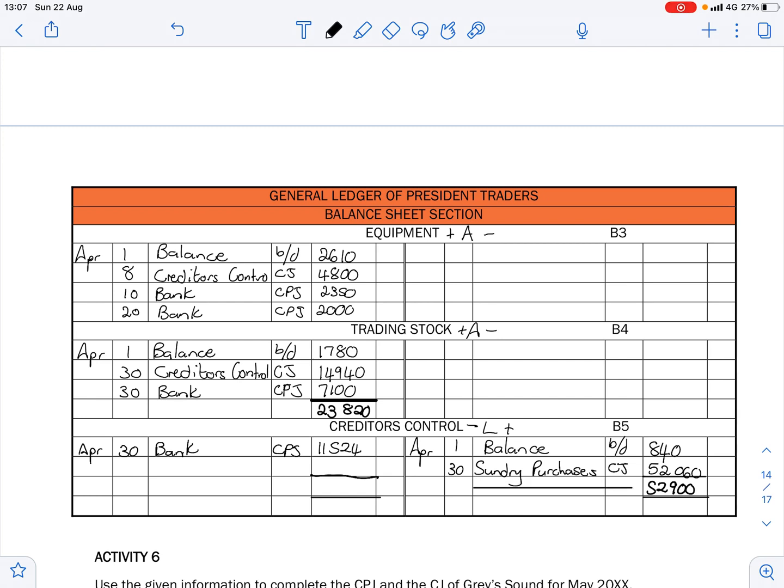To balance this account we drag that across to our debit side, 52,900, and we subtract what we've paid back to our creditors. So we subtract 11,524 Rand from that, and we are left with our balance carried down of 41,376.